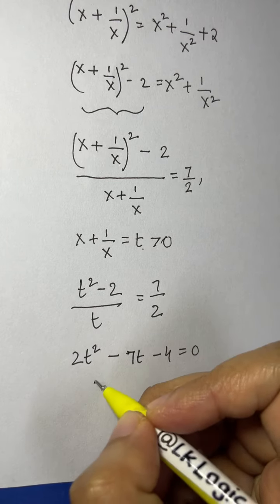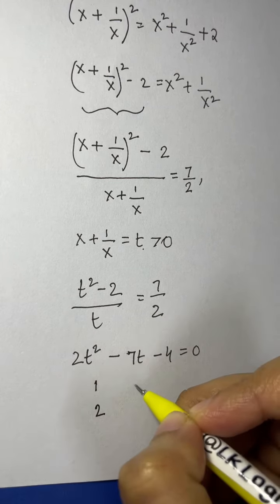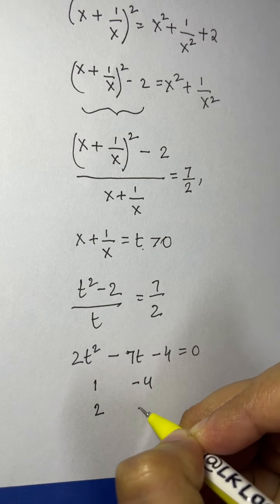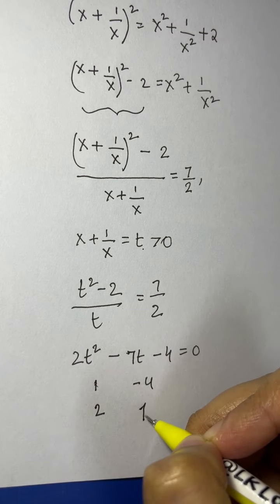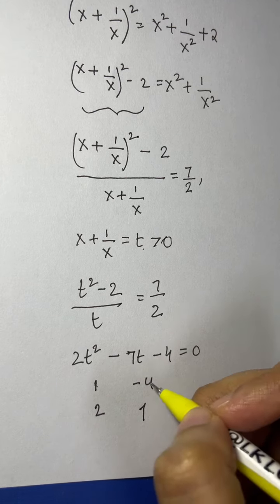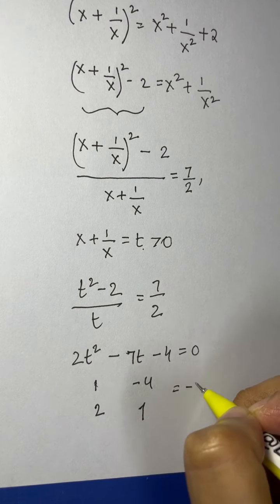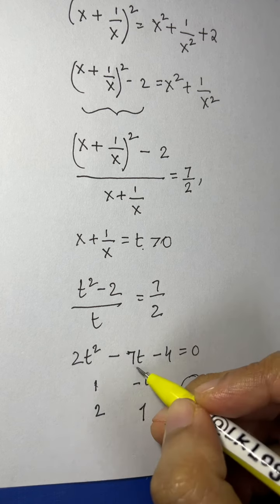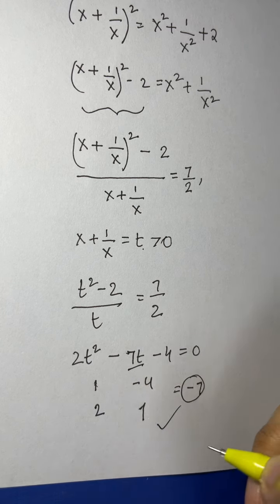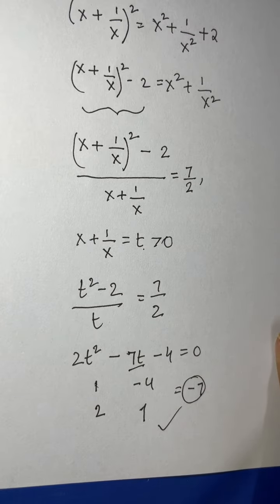So let's see, we can have two factors, 1, 2, negative 4 and 1. Multiply 1 into 1, minus 4 times 2 is minus 8. 1 minus 8 is equal to negative 7, and that's your sum. So yes, we can use the factors. So what are our factors?